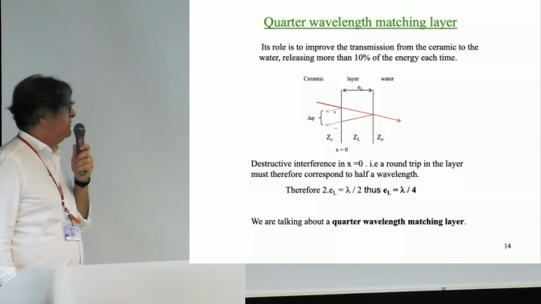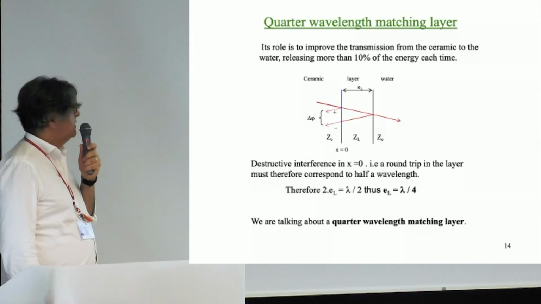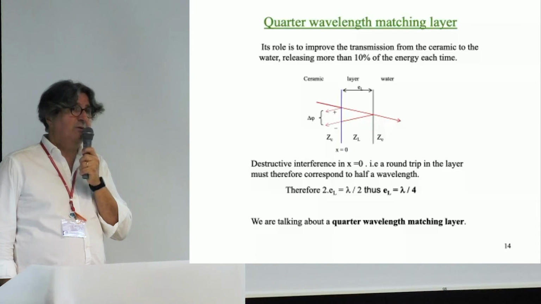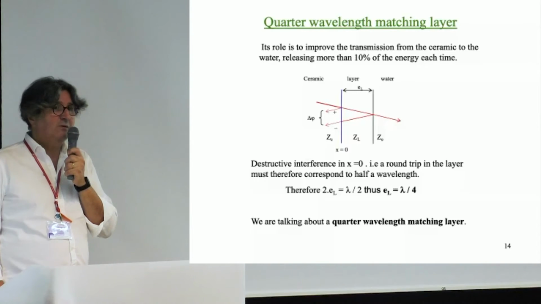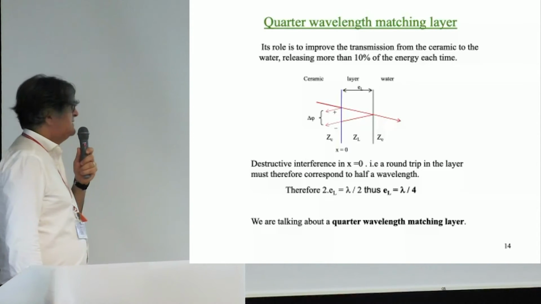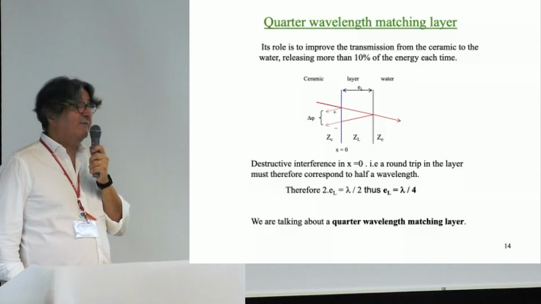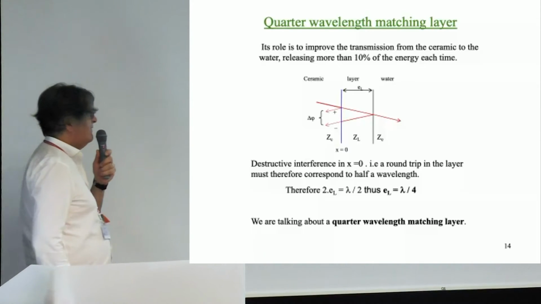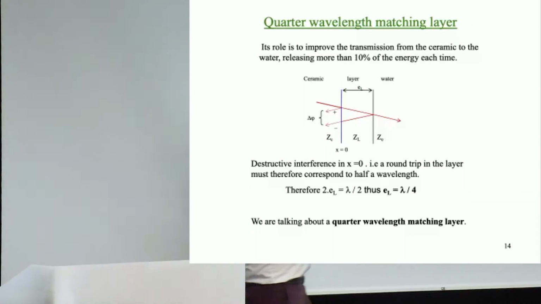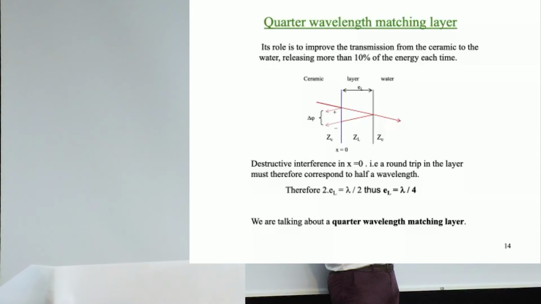In fact, if you interleave a layer between the ceramic and water, what you want is to get destructive interference between the wave that was emitted first and the wave that was reflected through this layer.